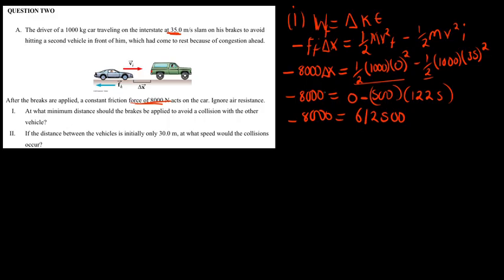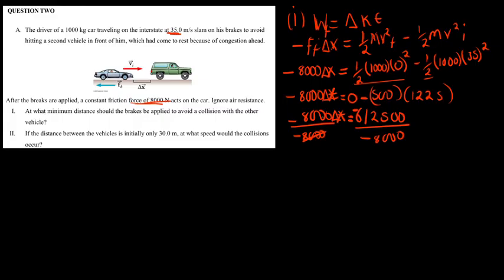Then remember that there was a change in displacement here. Sorry for that. Here there's a negative, so it will be negative 612,500 divided by negative 8,000.